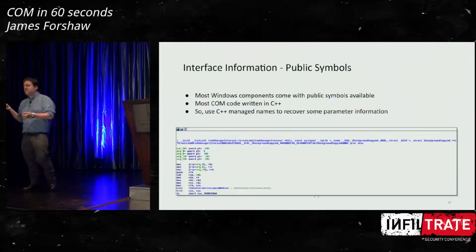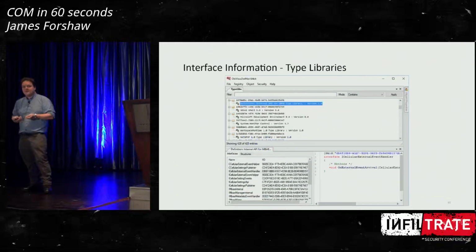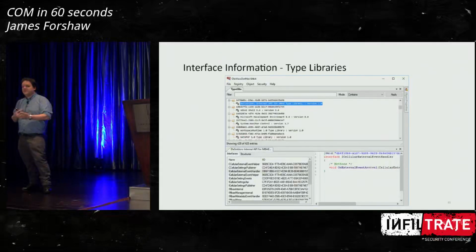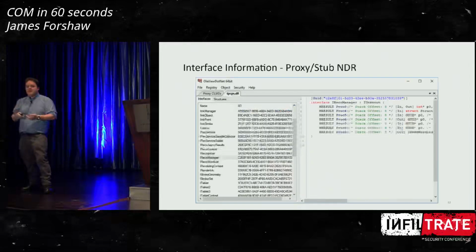And then actually finding parameter information. Most stuff is written in C++, so if you have public symbols, there are probably mangled symbols, and you can pull out basic parameter information. Some COM servers have type libraries, which are a description format for COM servers and COM interfaces, and you can parse that information and look there. Also, most of these proxies and stubs use something called network data representation, which is like a bytecode language for marshalling parameters between two locations.